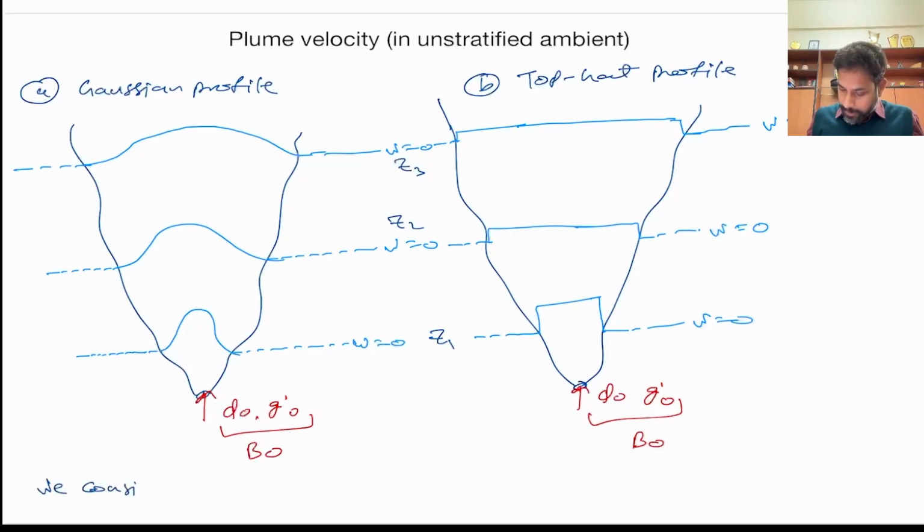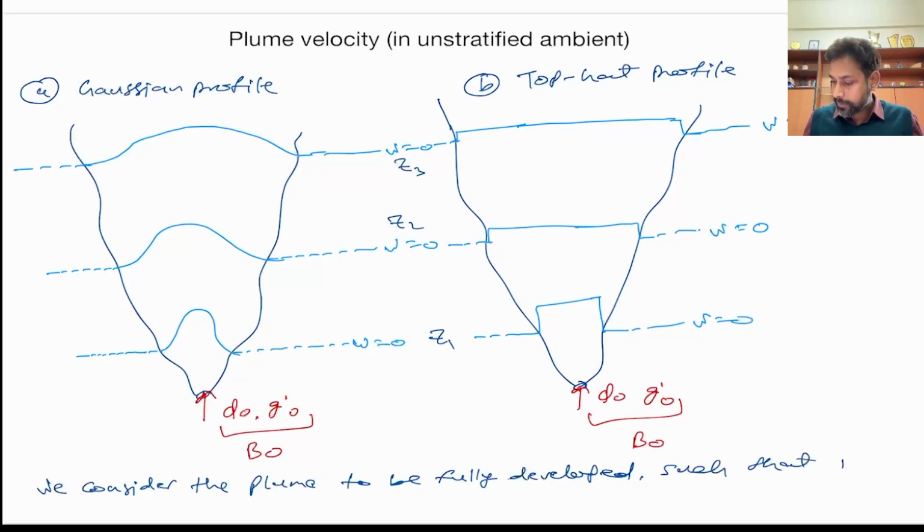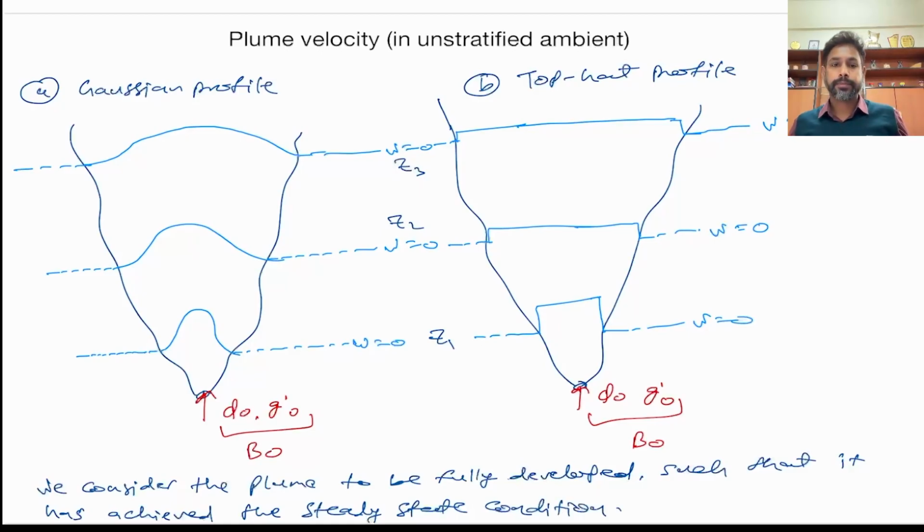What we are trying to model is for the plume considered to be fully developed, such that it has achieved steady state condition.